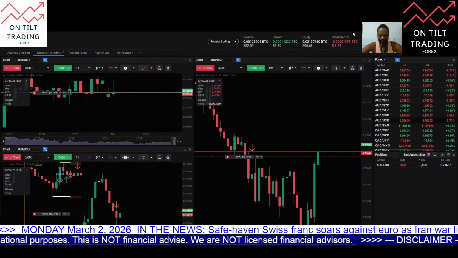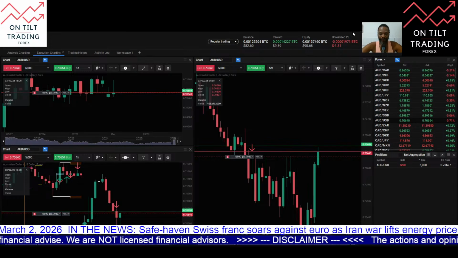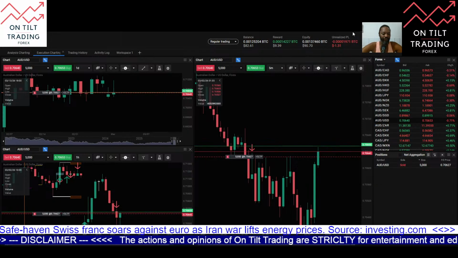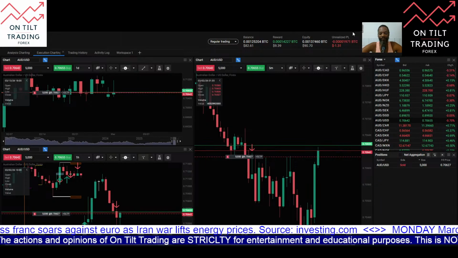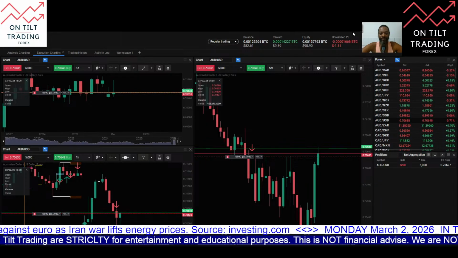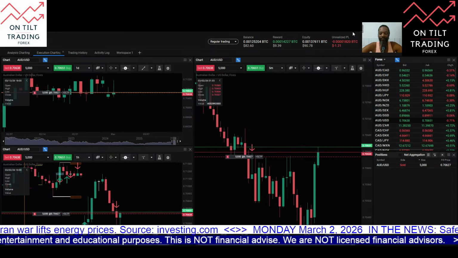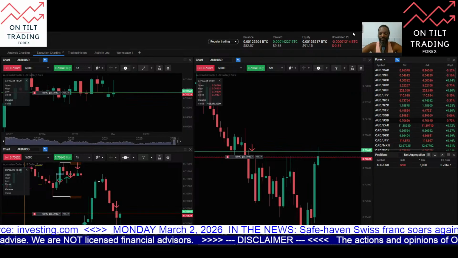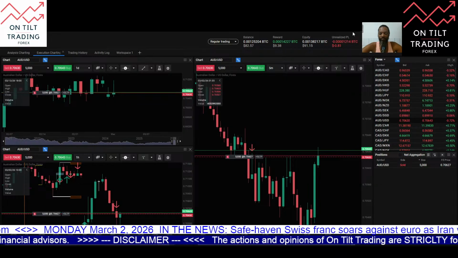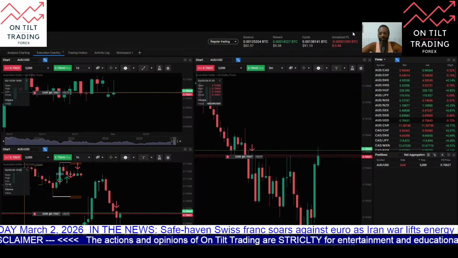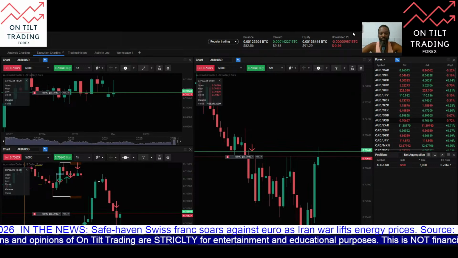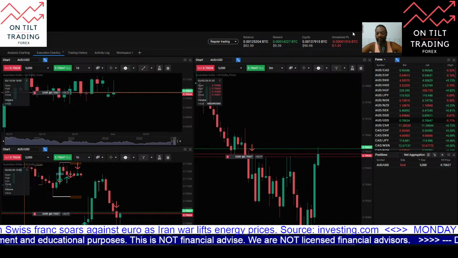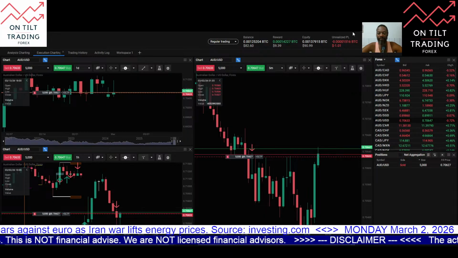Price still testing this 5-minute fair value gap. Price consolidating here at the 0.70630 level.